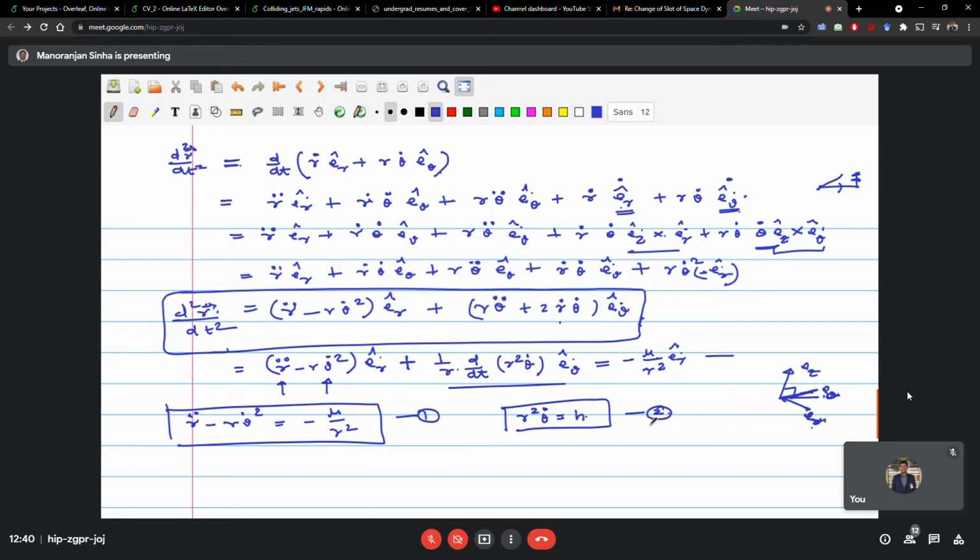And already we have looked at this quantity h, which is nothing but the specific angular momentum, which is a conserved quantity. And these two can be used together to solve how the trajectory will look.